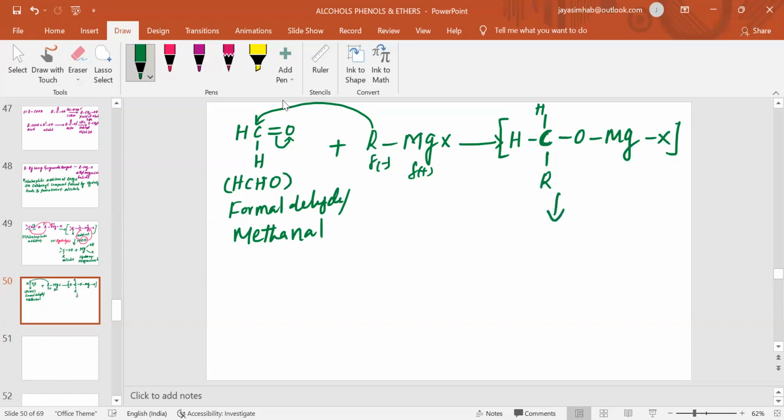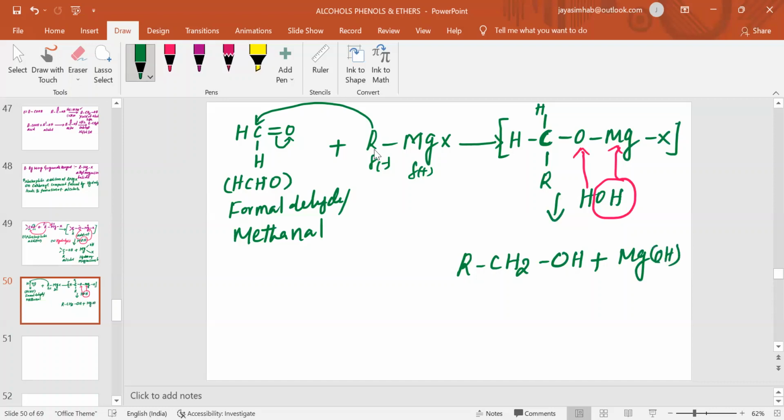Upon hydrolysis, HOH, the hydrogen will go and bind with this oxygen, and OH will go and bind with magnesium. So finally we have the product R CH2 OH plus Mg(OH)X.